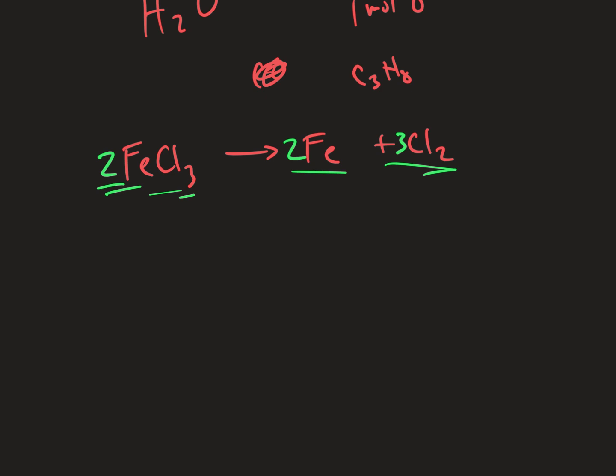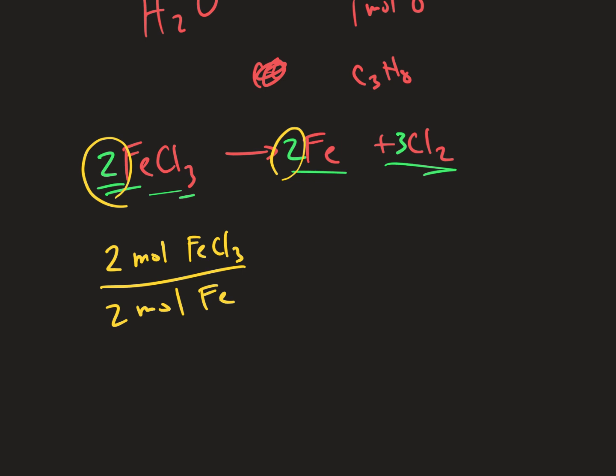But we know it's basically just moles, right? Well, it is moles. So the ratio, we have 2 moles of FeCl3 for every 2 moles of Fe because of the 2 there and a 2 there.